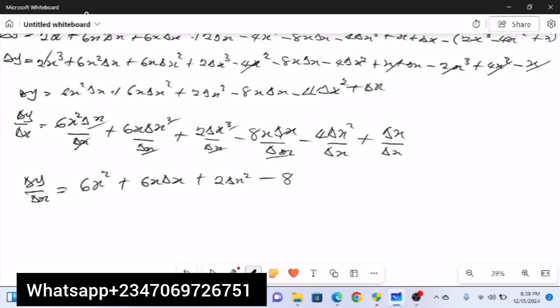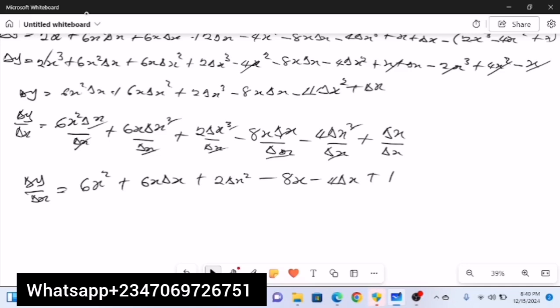I have 8x there, minus I have change in x here striking one of this change in x. I have 4 change in x, plus change in x goes into change in x, that simply gives me 1.